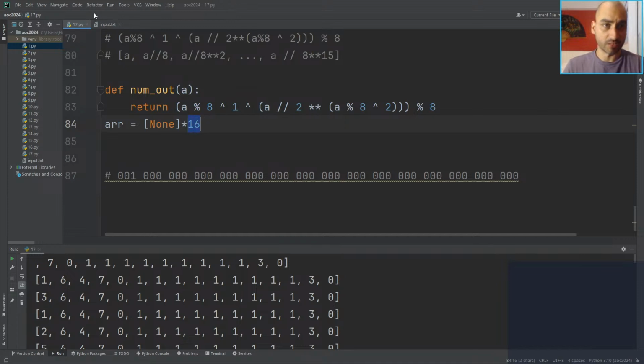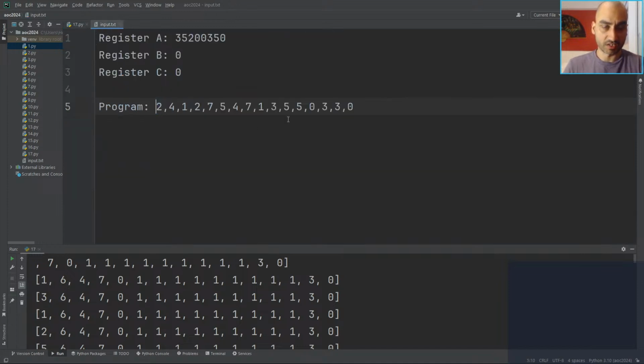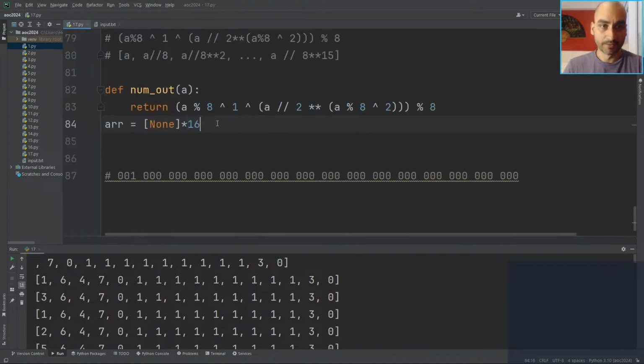I'm just hard coding numbers for now. We can make it adjust to the program. It can't adjust to a general program though. This is very reliant on the way this works, so that's fine. R equals none times 16.